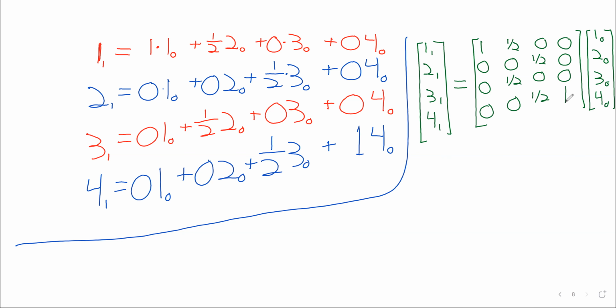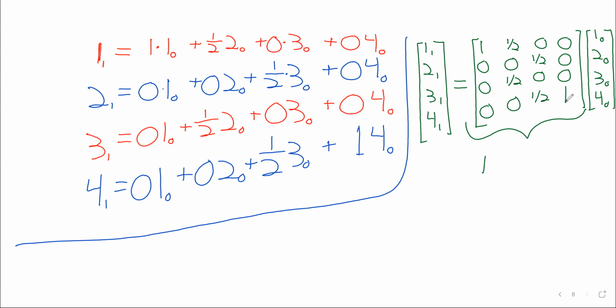So to answer this question, if we have some initial probability distribution, what's our probability distribution after a single movement? Well, here we are. We take the initial probability distribution and we multiply it by a matrix and we get a new probability distribution.